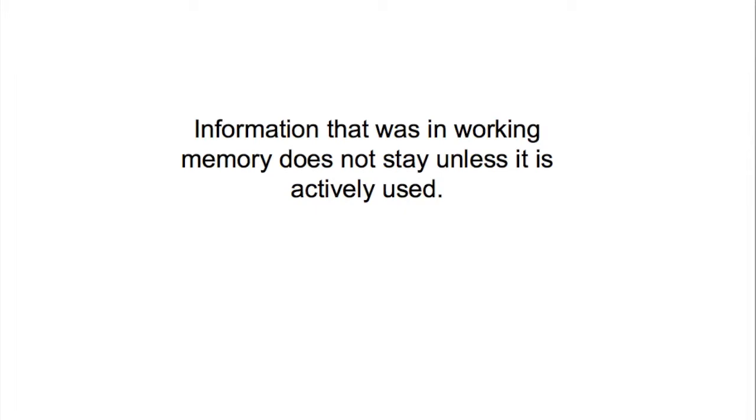Working memory is not a storage area, it's a thinking area. And you can only think with information that's there, and if you're not actively using it, it's gone. So if you want to remember it, you're going to need to do something else with it to store it so that you can bring it back into working memory later.